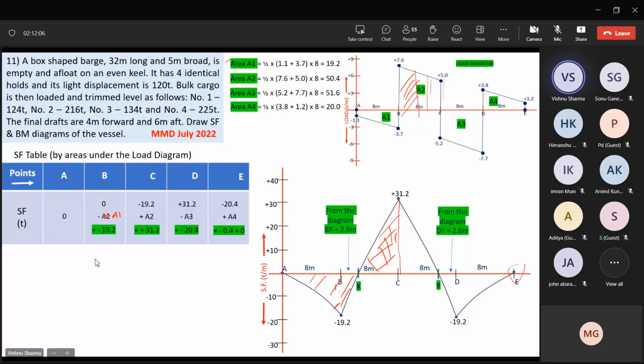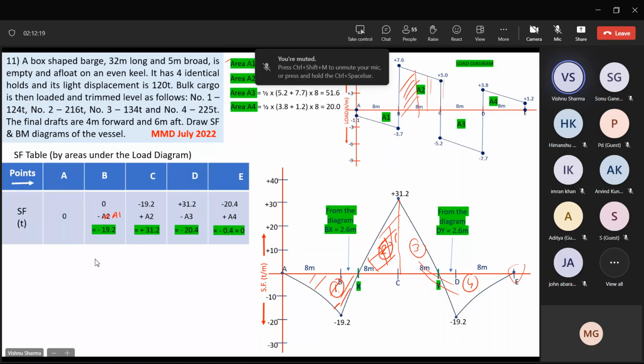This -1 and +2, this +3 and this -4. The other side is exactly a mirror image. So these areas have to be equal or nearly equal. They cannot be exactly equal by the curve for sure. So you'll try to make them nearly equal and make them 0 as we did here. It is 0.4, we made it 0 here also, right?